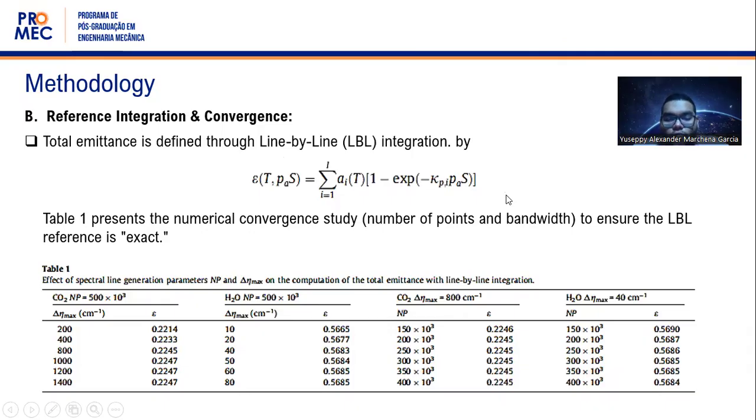The WSGG model coefficients are obtained by fitting 528 total emittance values computed through line-by-line integration for water and carbon dioxide mixtures with pressure ratios of 1:1 and 2:1 over the temperature range from 400 to 2500 Kelvin and pressure path lengths of 0.0001 to 10 atmosphere meters using the Levenberg-Marquardt method.